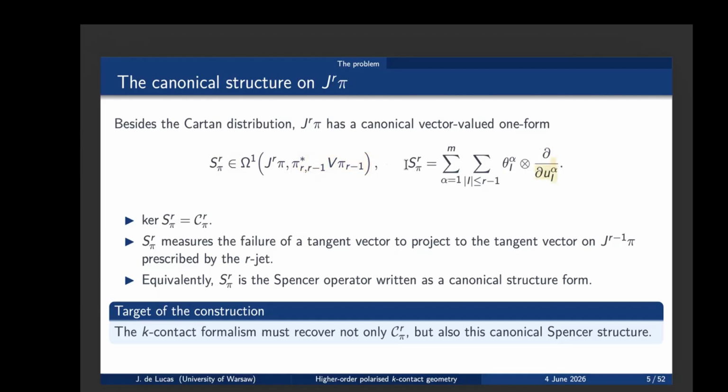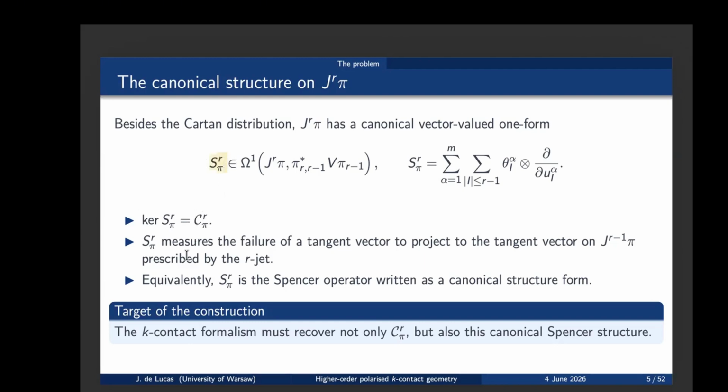This thing is understood to work on functions and give differential one-forms. So both being the same in local coordinates, they are different things, and they are used for different applications.